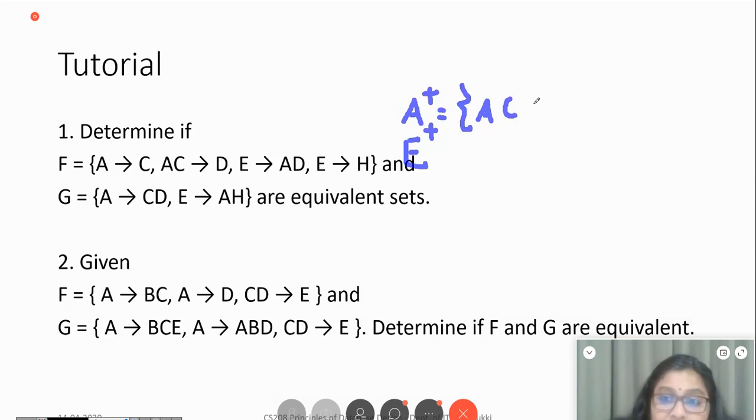AC determines D, so D is a member. Then is that all? E determines A, AC determines H. That's it.